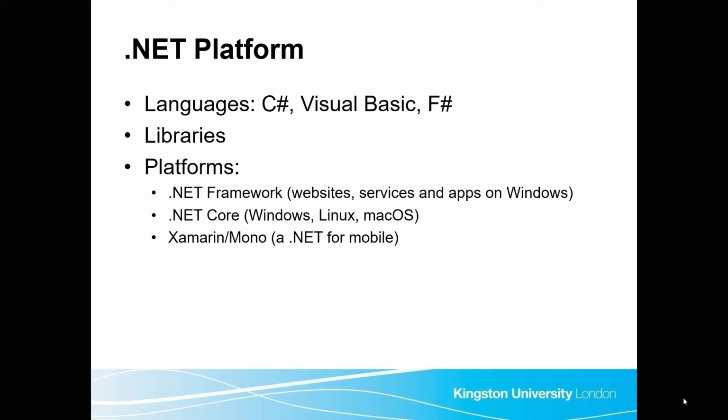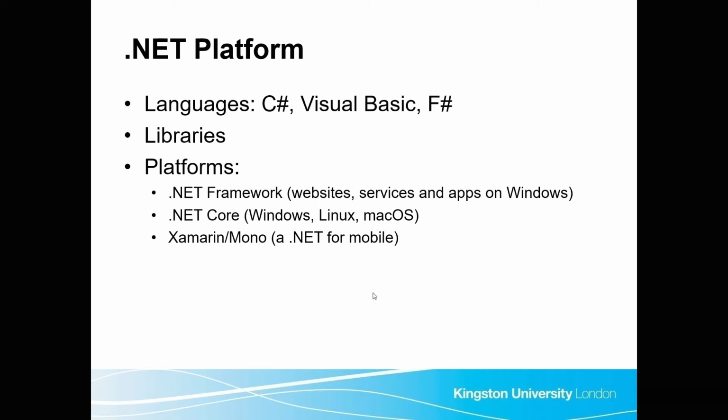So unlike .NET Framework, it's not limited to Windows. There are quite well-working implementations for Linux, macOS, and we also have Xamarin, which is basically .NET for mobile platforms. So as you can see, .NET is getting to be more and more of a platform-independent solution.